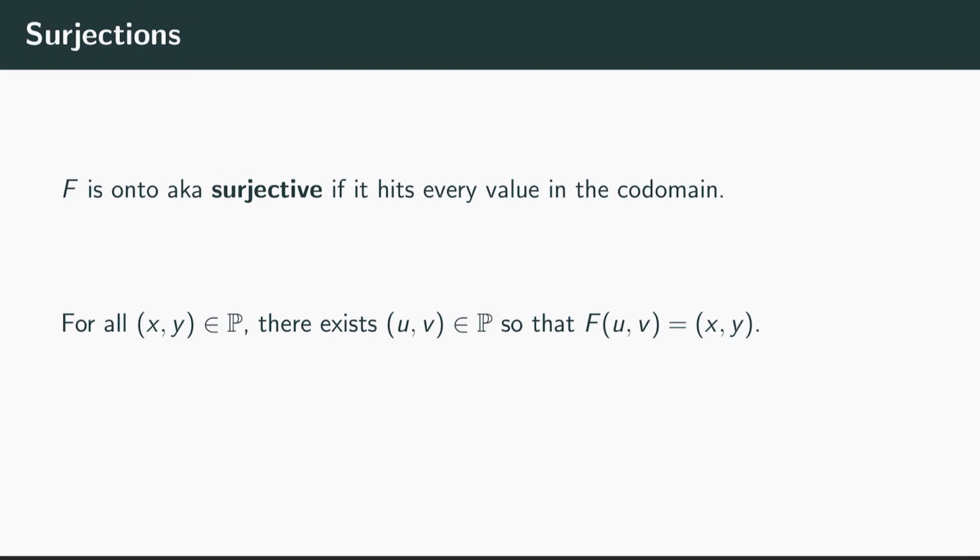Okay, so we say that a function f is onto or surjective if it hits every possible value in the codomain. So in other words, in this case of a map from the plane to itself, we're saying for every point (x, y) in the plane, there exists a coordinate (u, v), so that f of (u, v) is equal to (x, y).